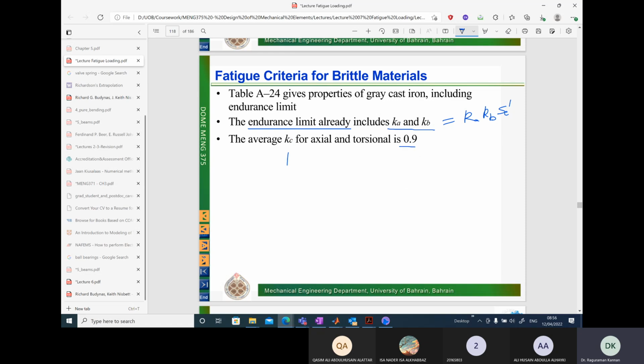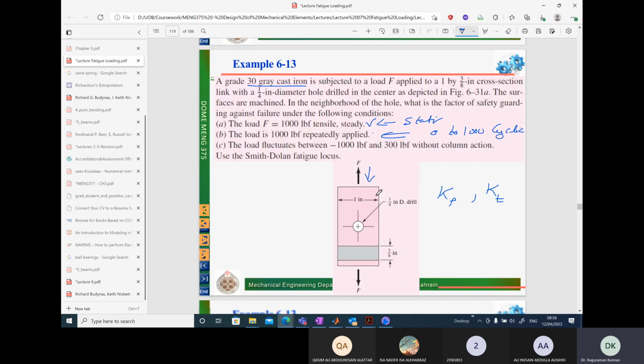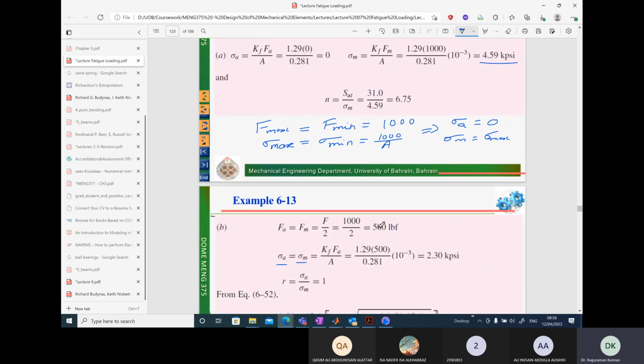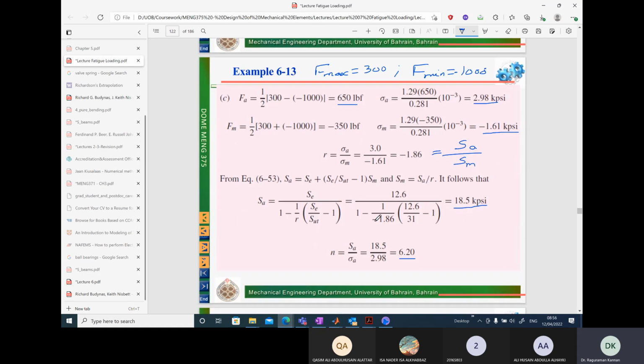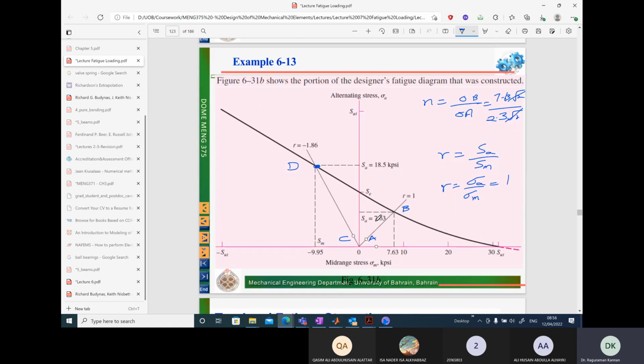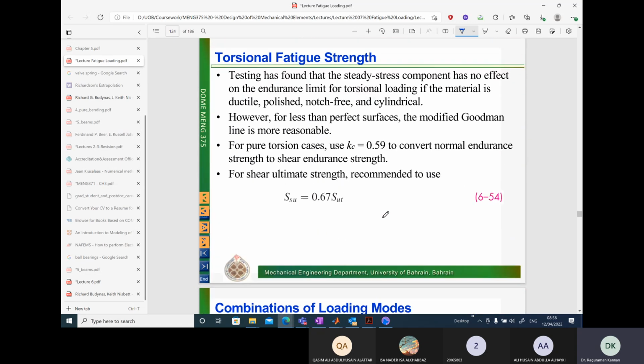If it is bending, Kc will be equal to 1. So these are the conditions. We are done with brittle materials. We will also see equations for the case where we apply torsional load, and how to solve the problems.